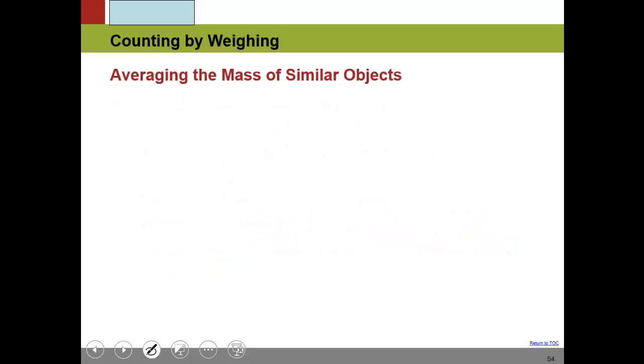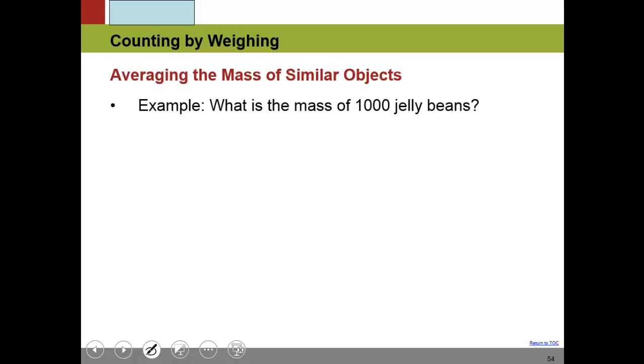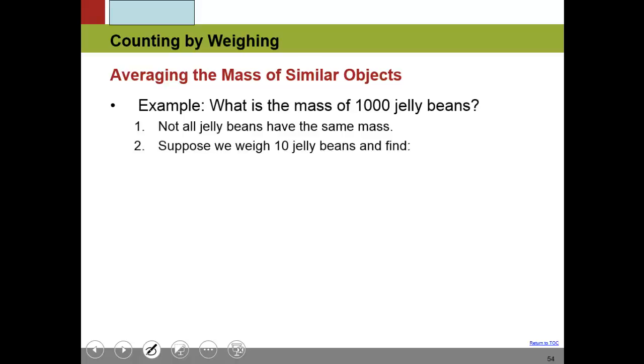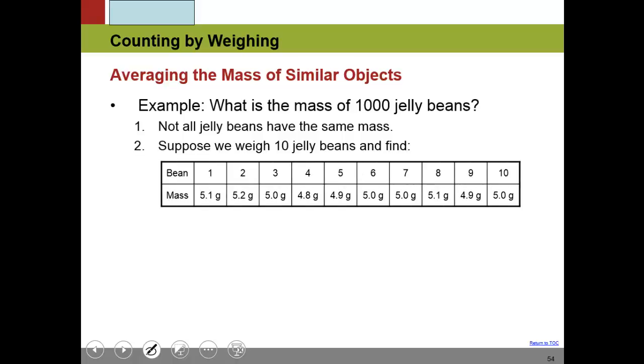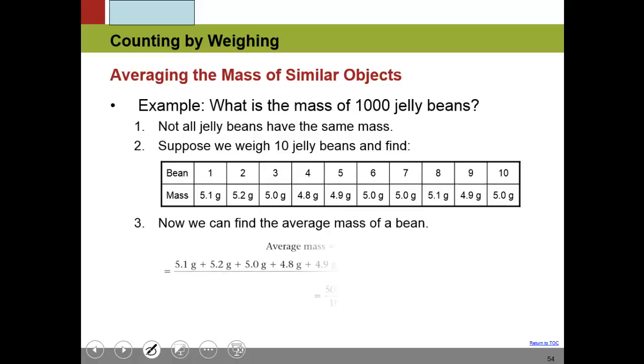If we were to do something similar with objects, like what is the mass of 1,000 jelly beans? We know that not all the jelly beans will have the same mass. Some will have a little bit broken off from them in the manufacturing process. But let's say we sample 10 jelly beans and find the masses of those jelly beans. We add them up and give them an average.